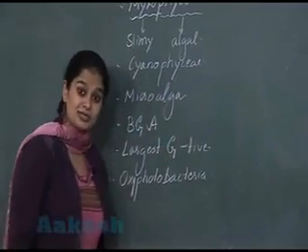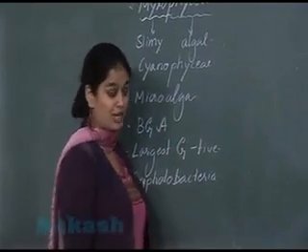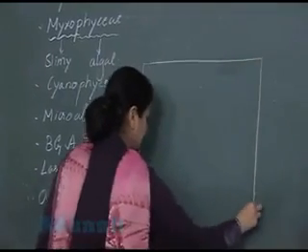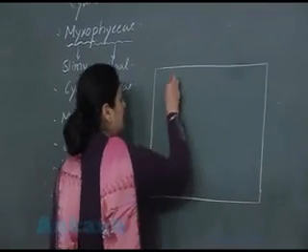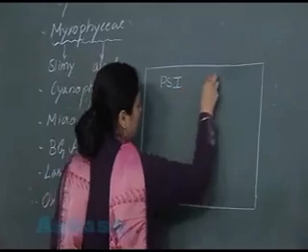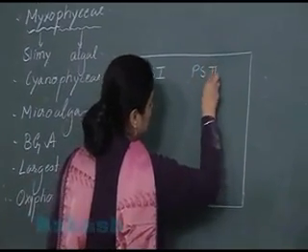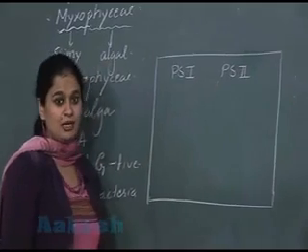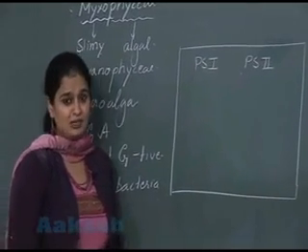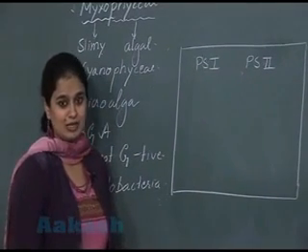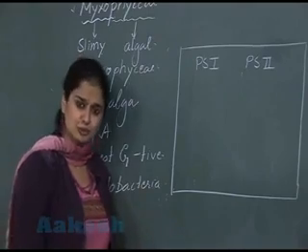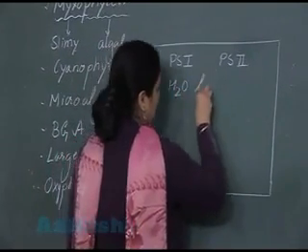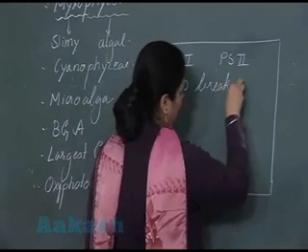Now, why it is known as oxyphotobacteria, that we have to see here. This is the only bacterial group which contains both photosystem 1 as well as photosystem 2. Now, photosystem 2, if it is present, it means it is involved in water breakdown.